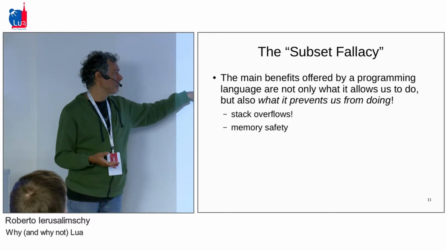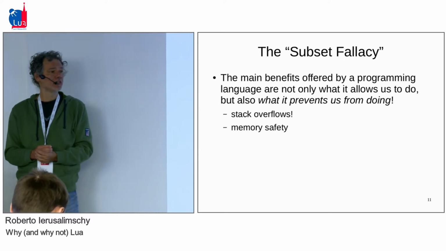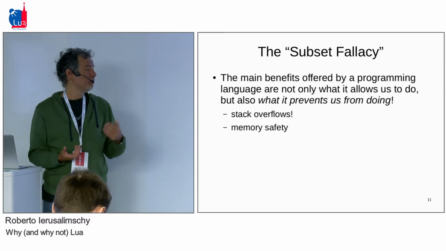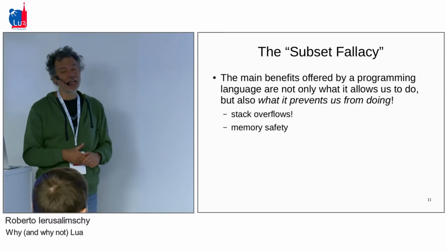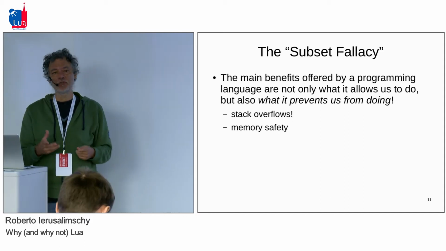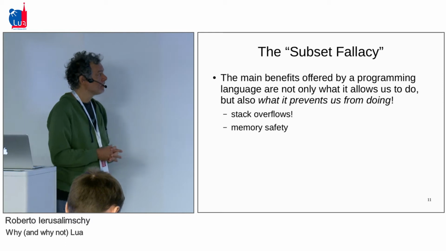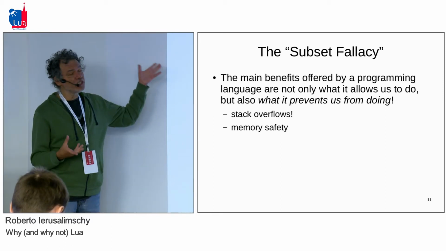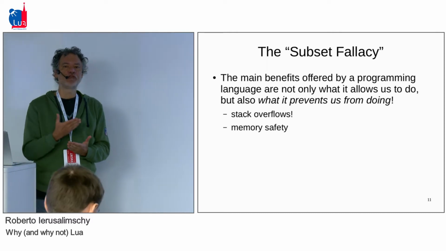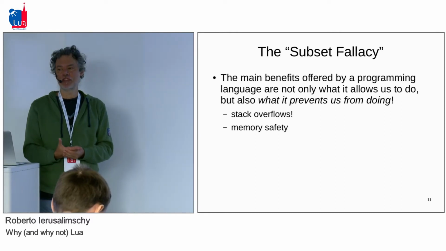And memory safety is another very important point. It's very, very hard to debug memory bugs, and a lot of programs that use C or C++ do have memory bugs. And the only way to avoid that is if the language really forbids you to do some stuff.